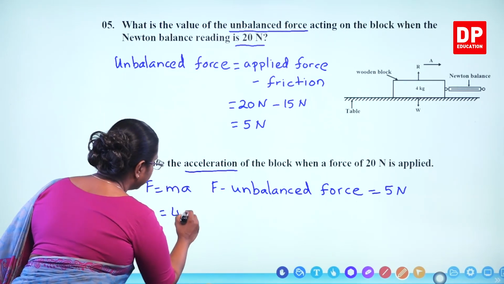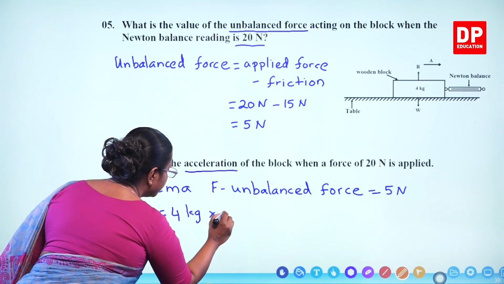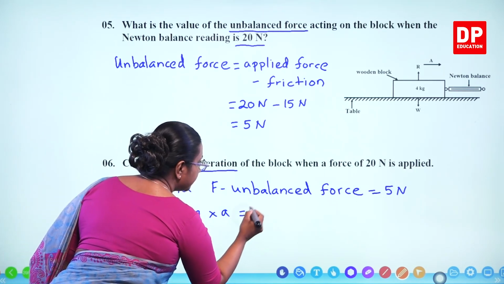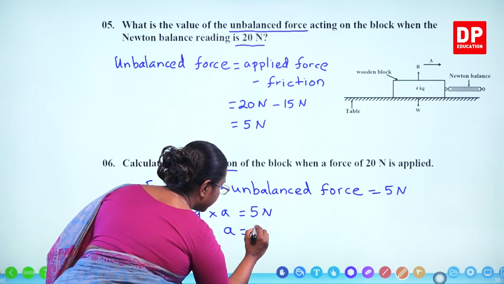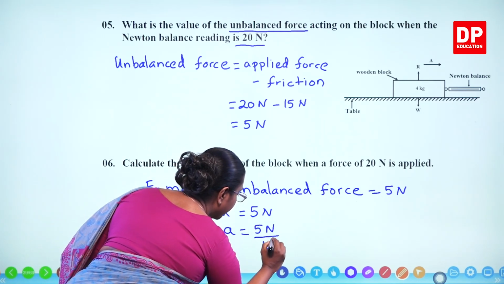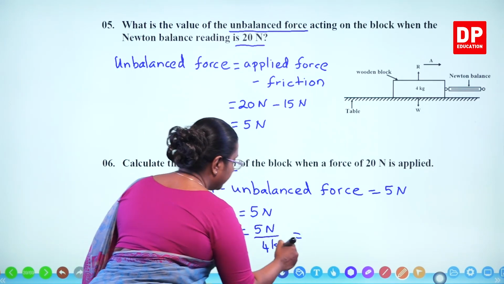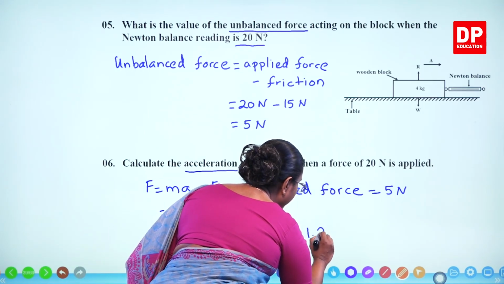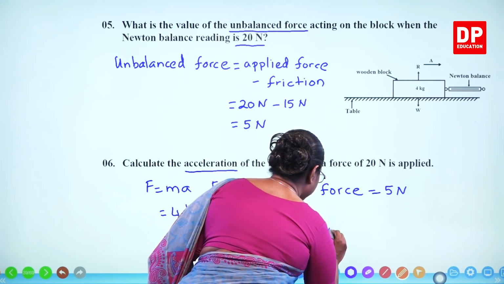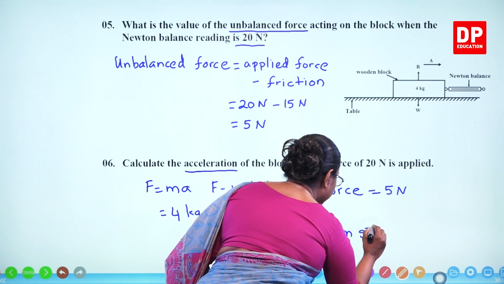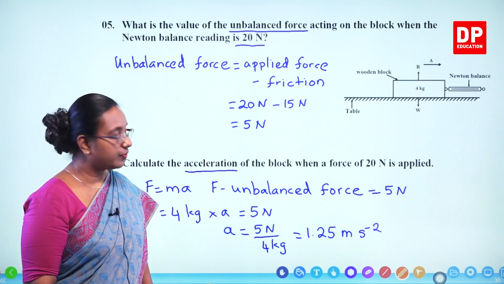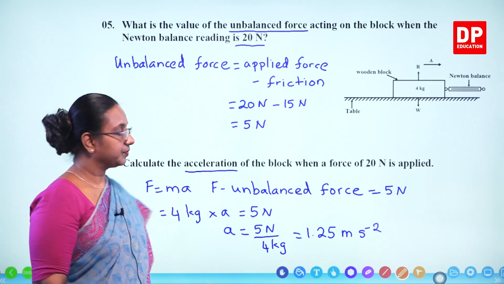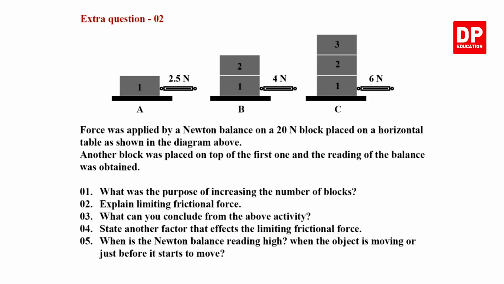You can see in the diagram 4 kilogram into acceleration is equal to 5 Newton. So acceleration is 5 Newton divided by 4 kilogram. If we divide 5 by 4, 1.25 meters per second square. That will be the acceleration of the object. We'll go on to the next question.